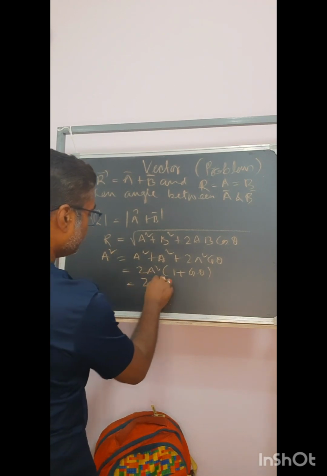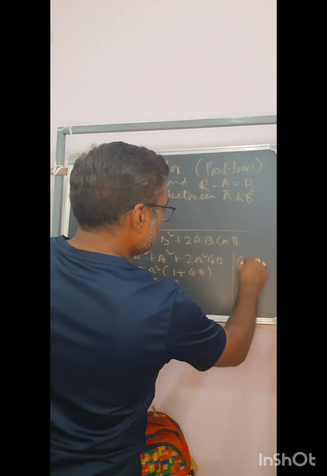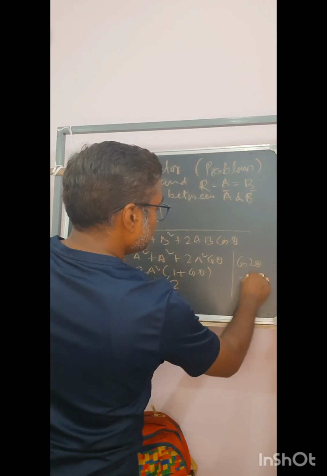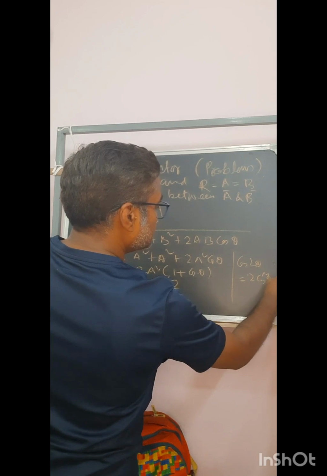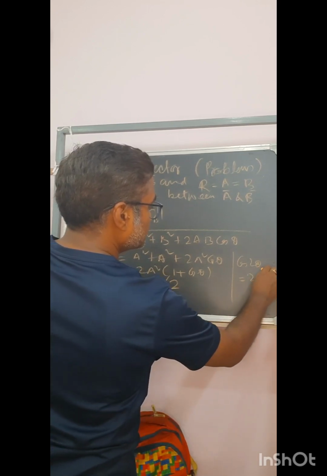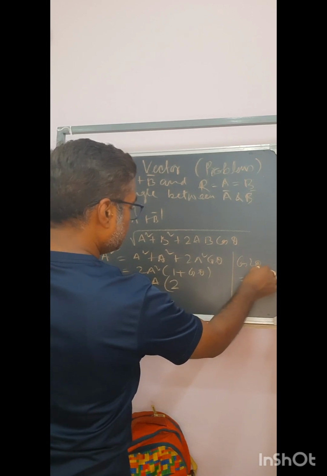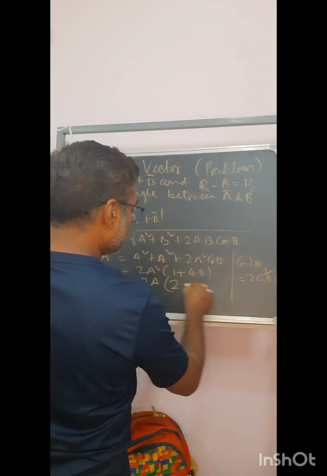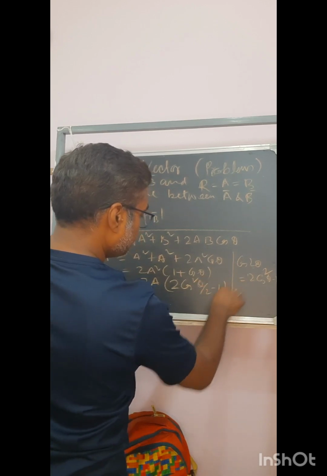So 2A into 1 plus cos theta. I already told you, cos 2 theta is equal to 2 cos square theta minus 1. This is the formula. So instead of 2 theta it is theta, that will turn into 2 cos square theta by 2 minus 1.